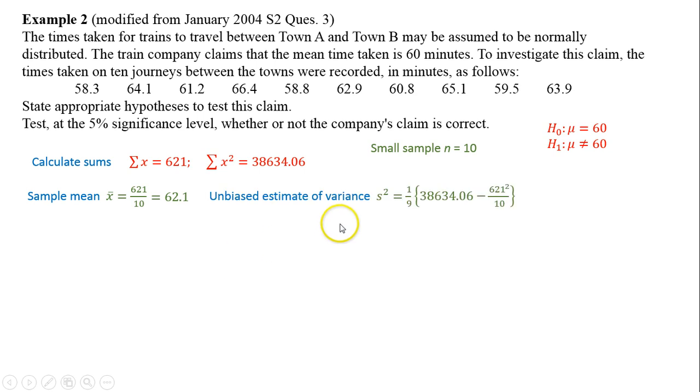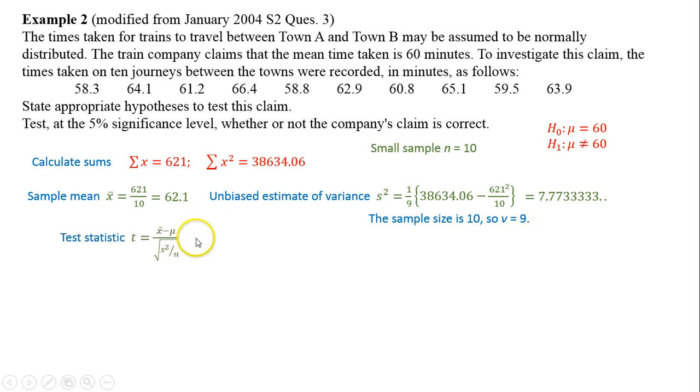Our unbiased estimate of the variance is s squared, using 1 over n minus 1 times the sum of x squared minus the sum of x all squared divided by n, giving us 7.773 recurring. The sample size is 10, so nu, our degrees of freedom, is 9.